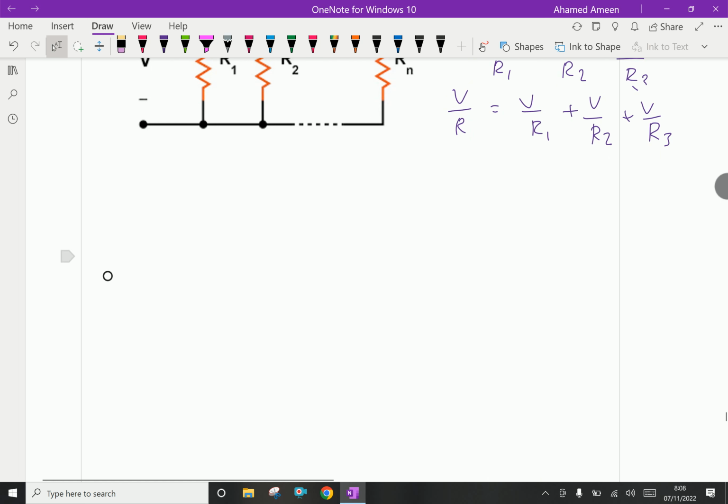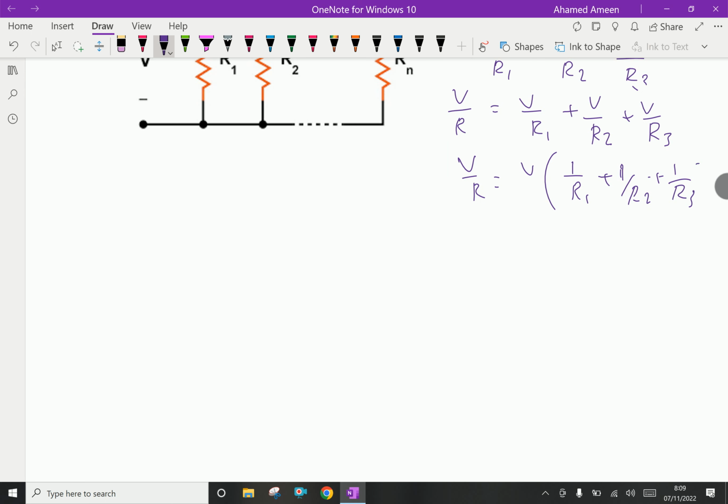Now take V common. Therefore V by R equals V times (1 over R1 plus 1 over R2 plus 1 over R3).